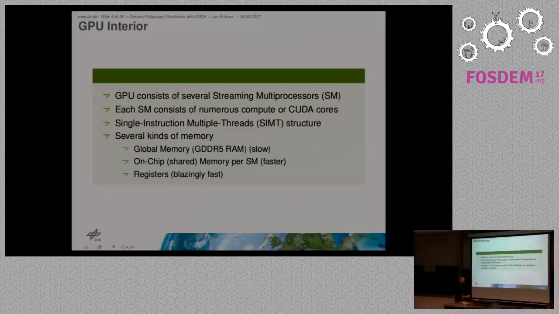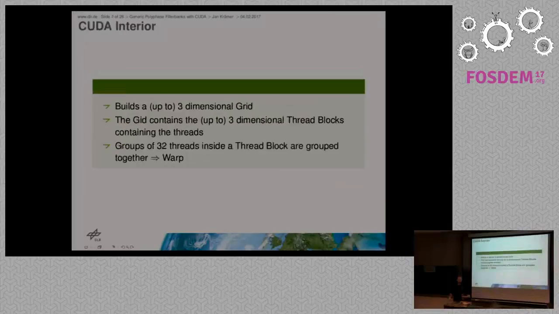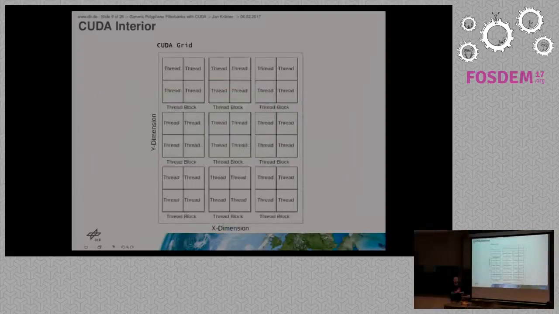So CUDA tries to use that architecture as best as possible. The first thing it will do is build up a grid. I'll just go to the next slide. This is how CUDA structures the threads that it will run to match the graphics card architecture. This grid is what you have to define in your program. It can be up to 3-dimensional, or 2- or 1-dimensional, that's up to you.